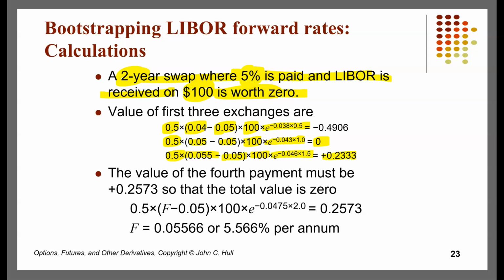Now we cannot do that for the last one because we're using a forward rate here that we don't know. And when we add these two components here, this is what we get. And so when we say this component here, which is the present value of the last cash flow, has to be equal to that for the sum to be equal to 0, we find that our forward rate is about 5.56% per year.